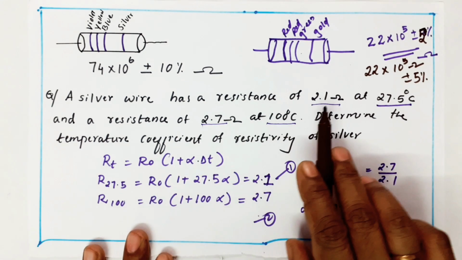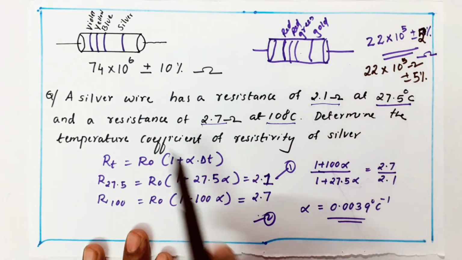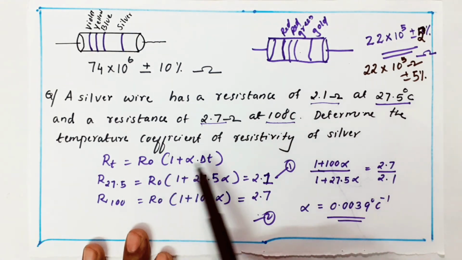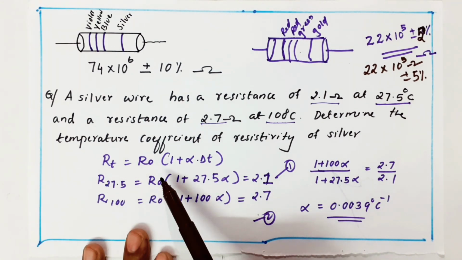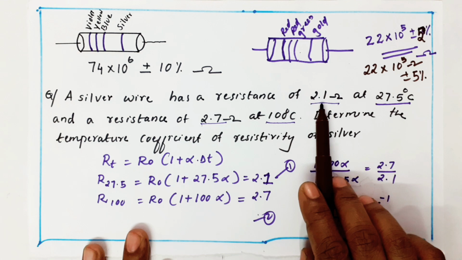This is a simple question. A silver wire has a resistance of 2.1 ohm at 27.5 degrees Celsius and a resistance of 2.7 ohm at 100 degrees Celsius. Determine the temperature coefficient of resistivity of silver. What is your resistance equation? RT equals R0 into 1 plus alpha into delta T. RT means resistance. What is the resistance here?